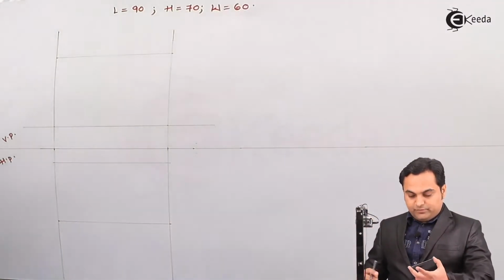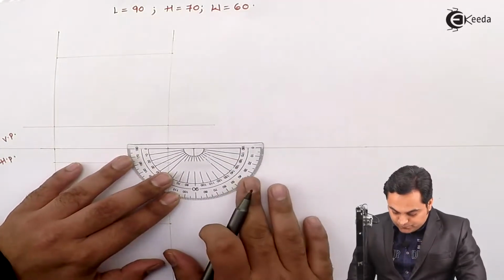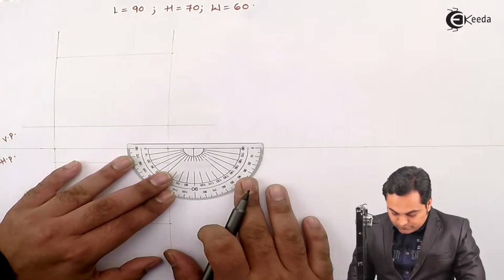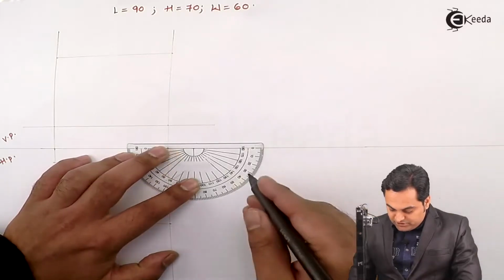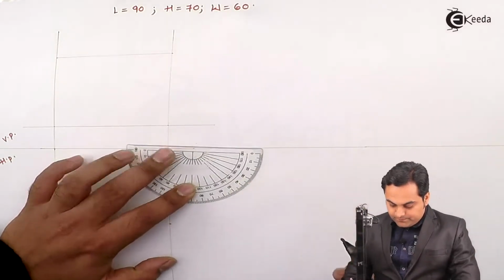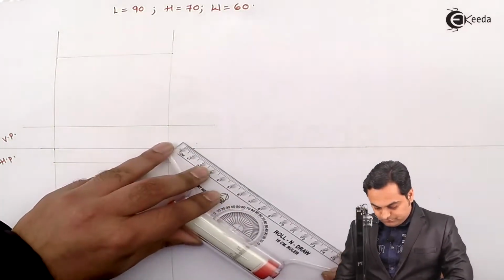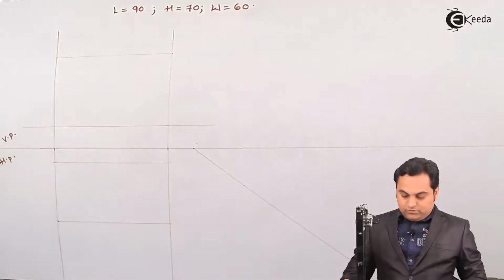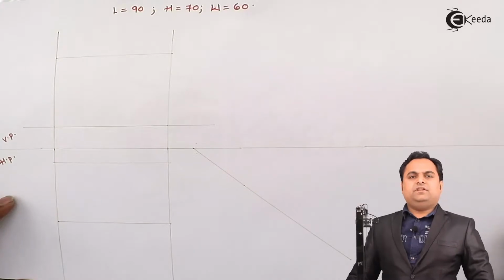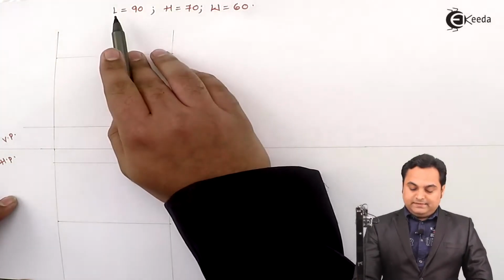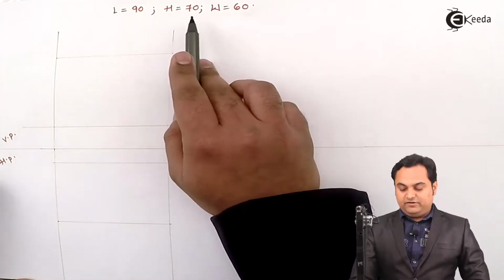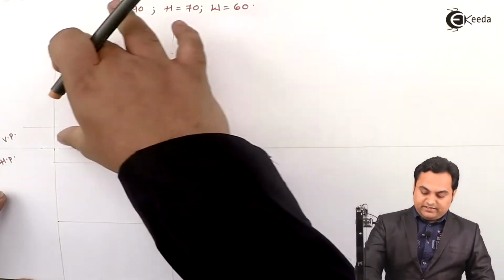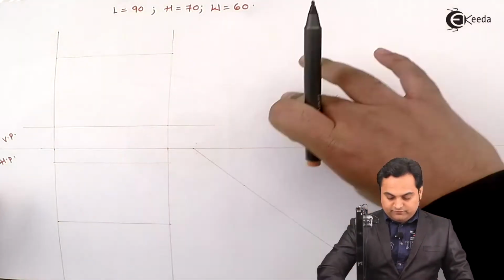here I'm selecting a point, measuring 45-degree angle, drawing a light line. Next, in case of side view, the length is not visible but height and width are visible. Height I can get it from the front view, width from the top view.